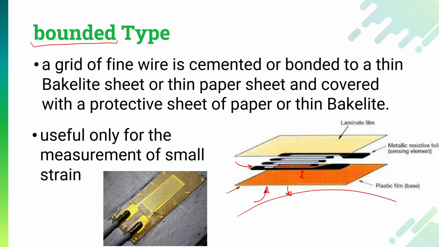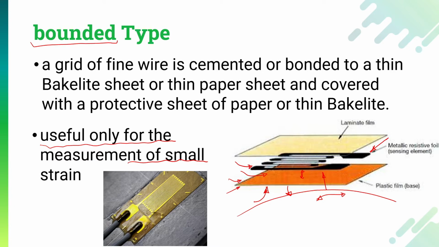The elastic material as well as the bonding material will not resist the movement of this particular strain gauge, and it will allow the complete transfer of the tensile or compressive stress to the strain gauge. Bonded type strain gauges are most commonly used for the measurement of small strains. Now let us talk about the categories of the bonded type strain gauges.